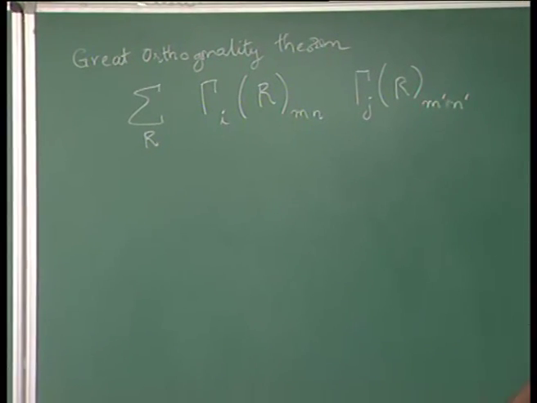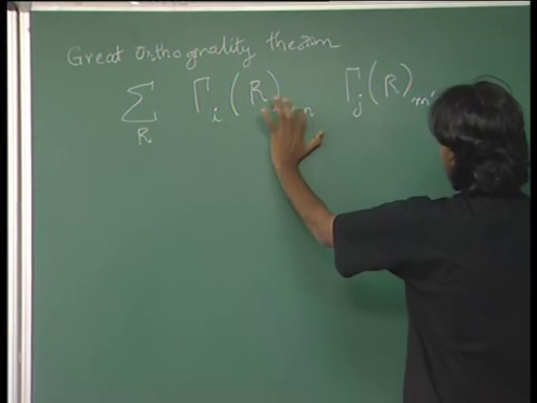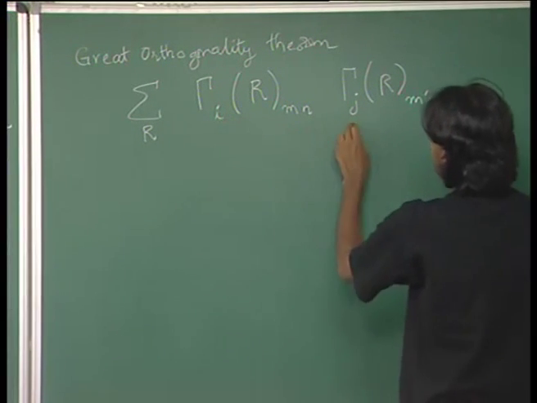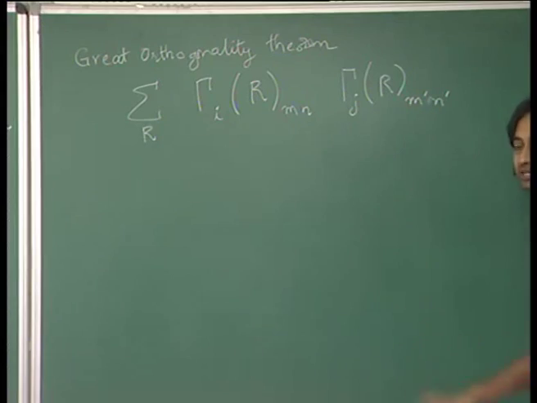Okay. So, you look at the same matrix element in two different representations. So, I and j are different representations.